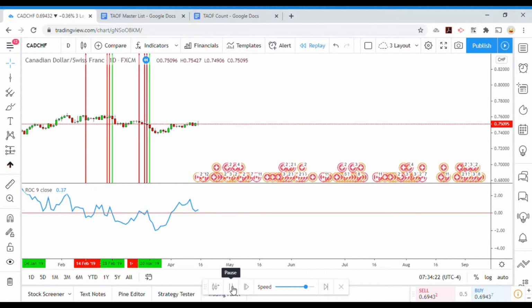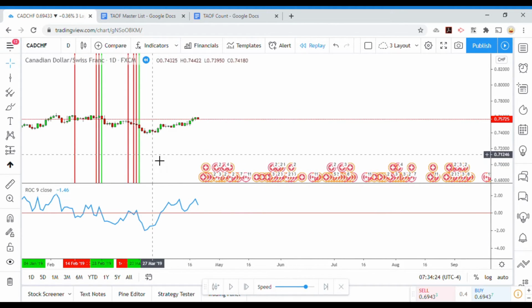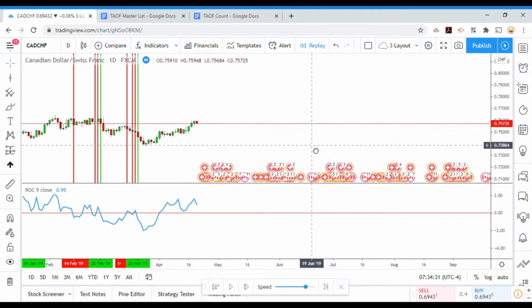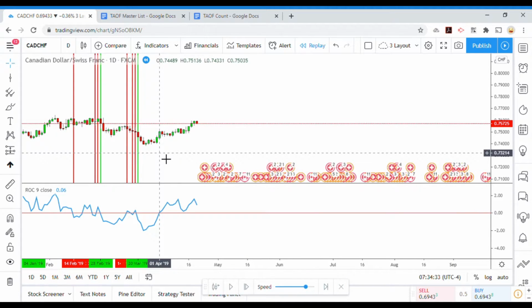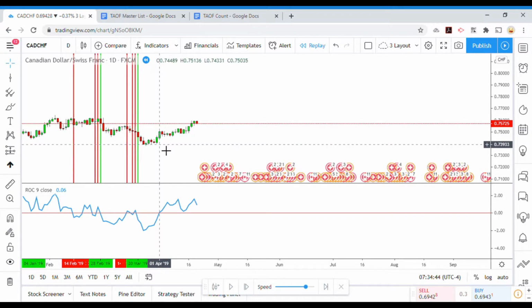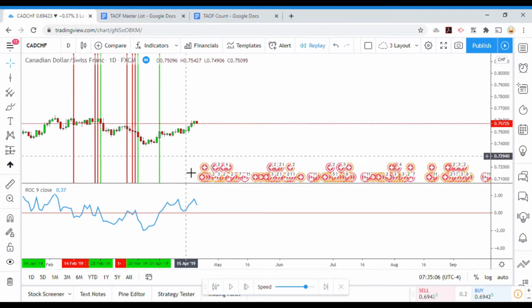And once your first take profit is hit, you will then ride out the rest of the trade, hopefully, and allow your exit indicator to get you out of the trade once the momentum slows down and you have gained as many pips as possible.